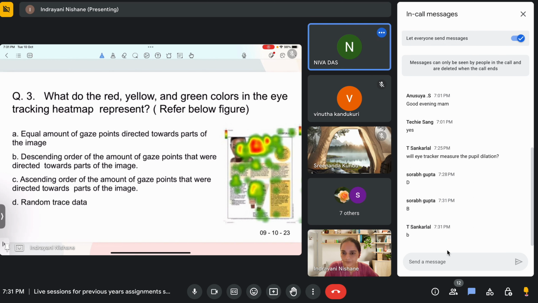I kind of gave away the answer: descending order of the amount of gaze points directed towards each part of the image. This heat map is not the direct output of the eye tracker sensor. The output is a log sheet with a timestamp along with the x coordinate and y coordinate of the pupil. Based on that information, this heat map is generated.